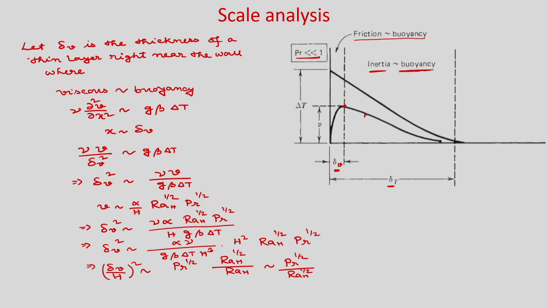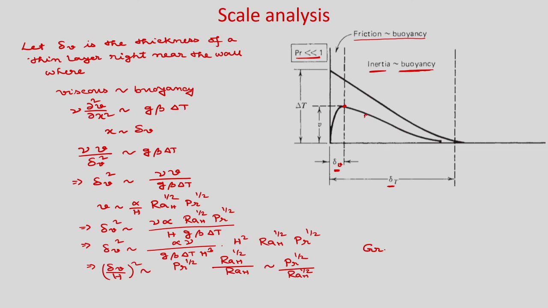So, now we will define another non-dimensional number, that is known as Grashof number. Grashof number is the ratio of Rayleigh number to the Prandtl number. So, Grashof number is your Ra_h by Prandtl number. So, from here you can see delta V by h will be order of 1 by Grashof number, right.